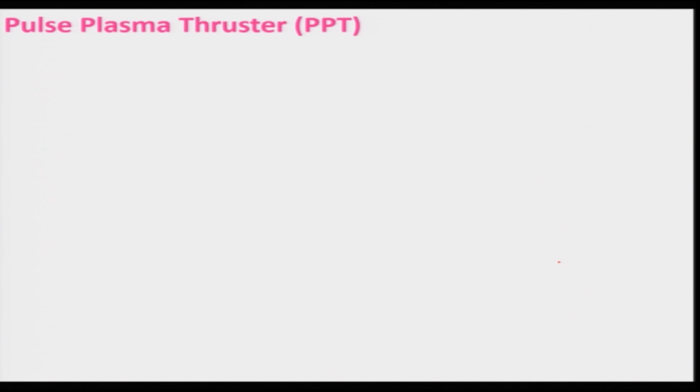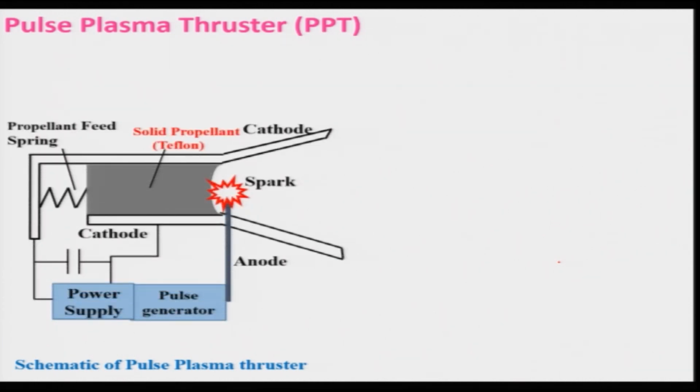plasma thruster, and the schematic of a pulsed plasma thruster is shown here. You can see that in this case this is your cathode and this is your anode, which are connected to the power supply and a pulse generator, and this pulse generator will supply power to the cathode and anode in a pulse mode that can be controlled according to the design.